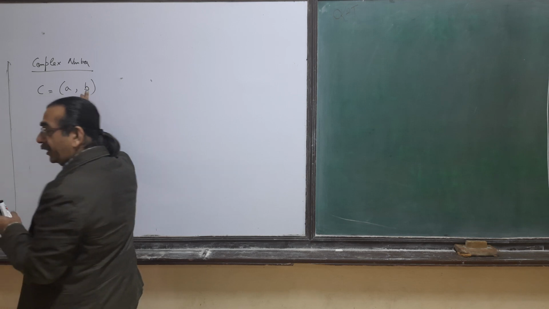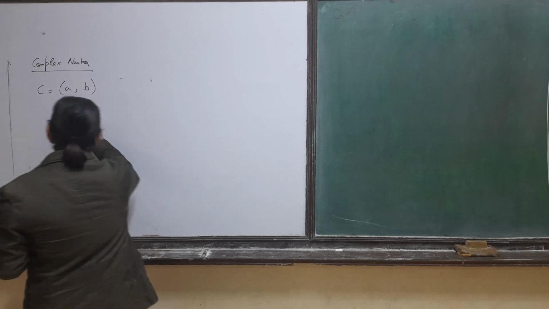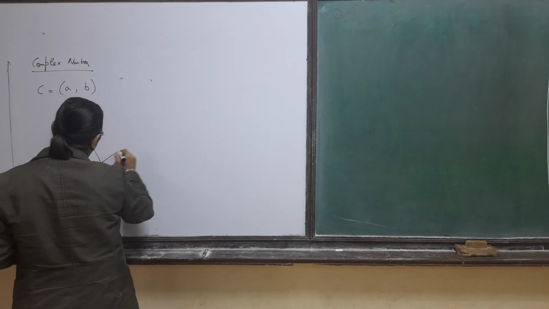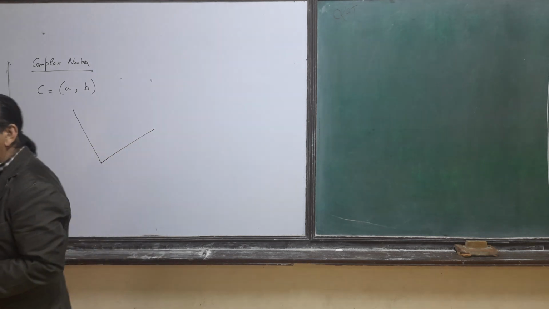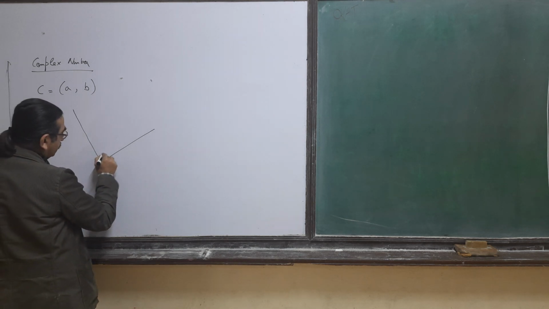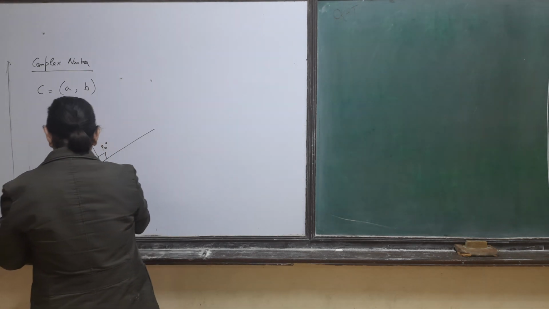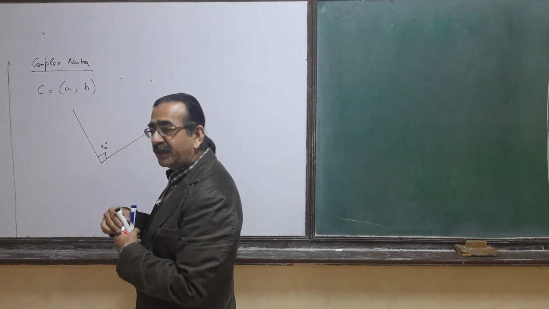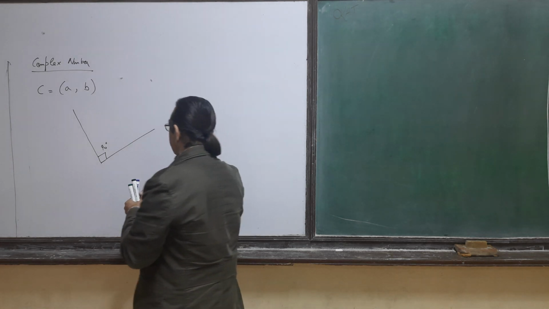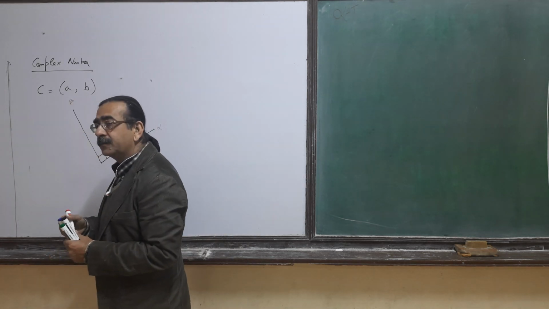If A and B are independent, it means if you draw two lines, they are making an angle of 90 degrees with each other in the plane. This is a two-dimensional plane, and I say this is alpha and this is beta.